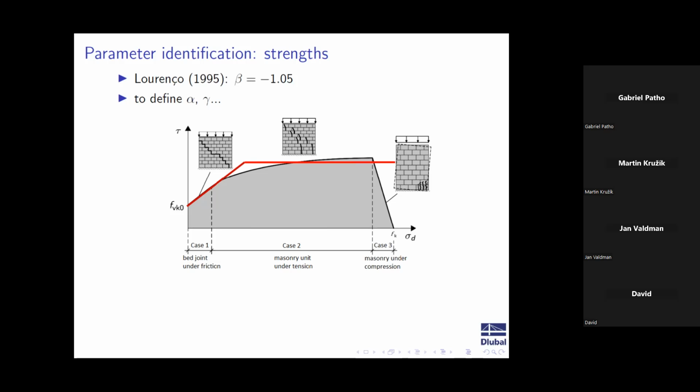If you have moderate confining compressive stress, then your masonry unit will fail under tension. This is my second part here. And lastly, if you apply too much compressive stress, then usually you just crush your masonry. And this crushing is a quite abrupt part.